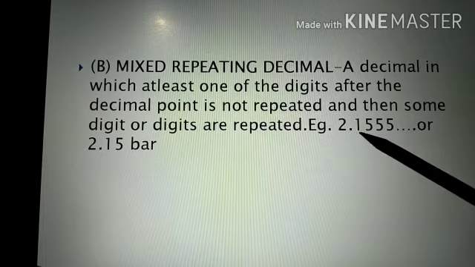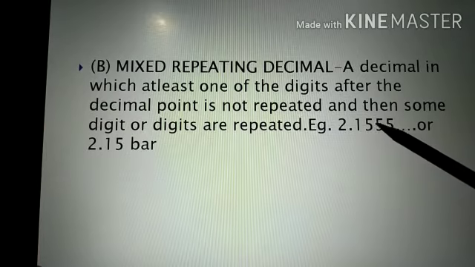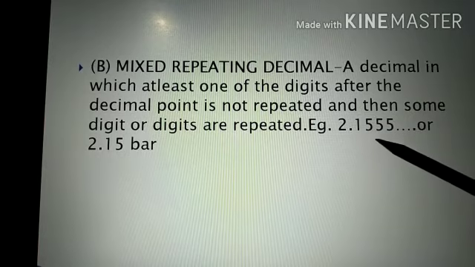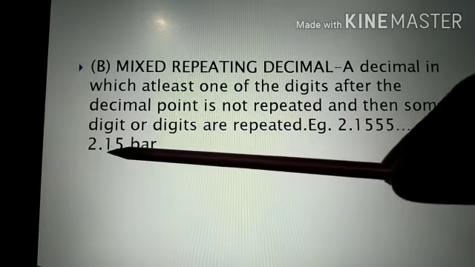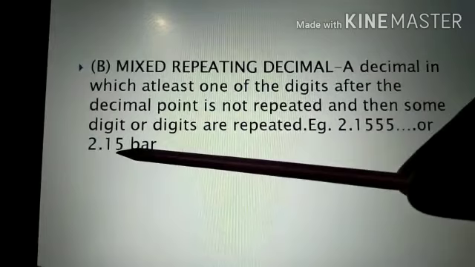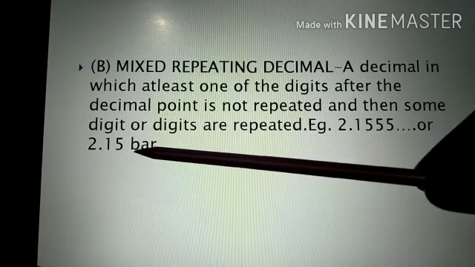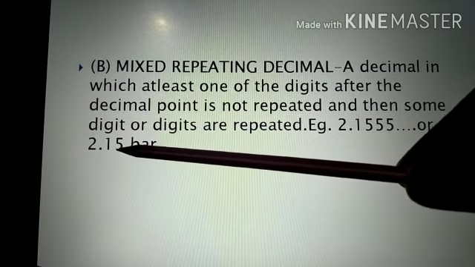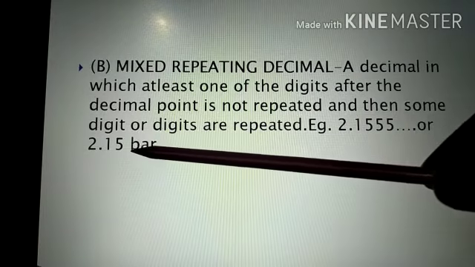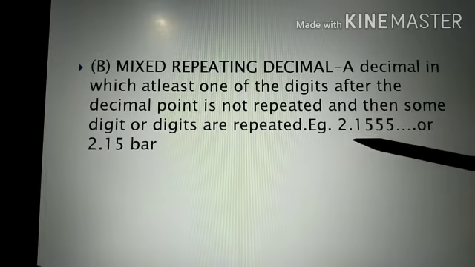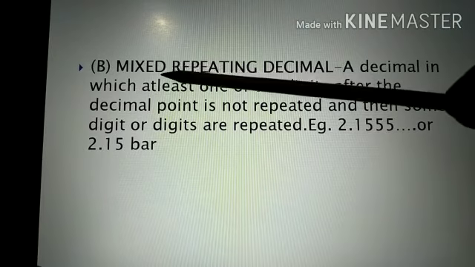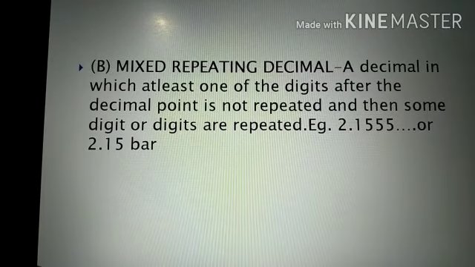In this decimal number, 1 does not repeat, only 5 repeats. We can write this decimal representation as 2.15 bar. Bar is on only the digit 5. Such type of decimal representation is known as mixed repeating decimal.